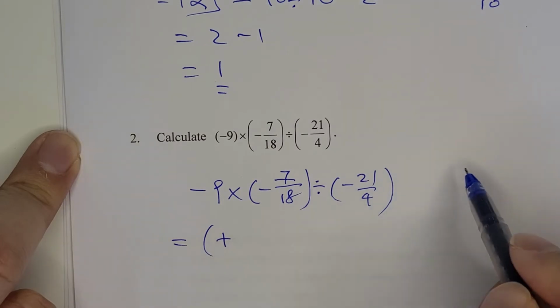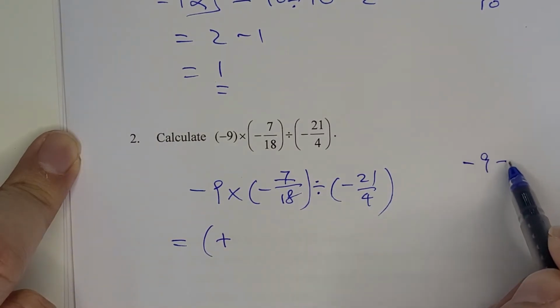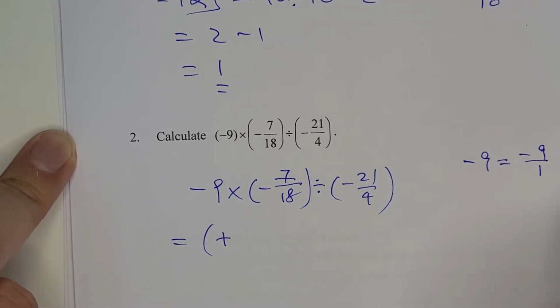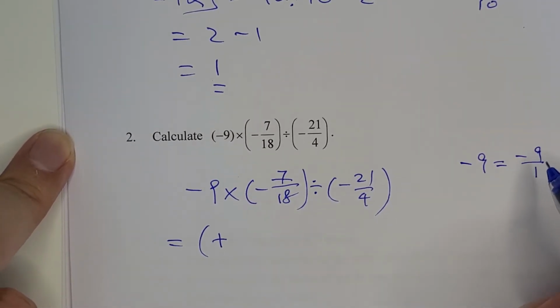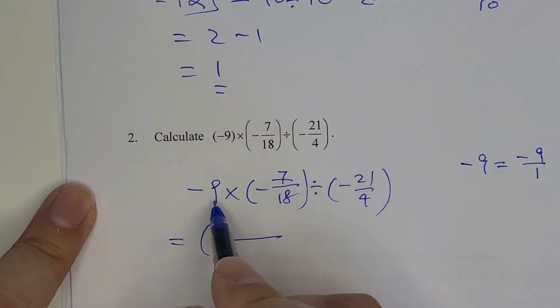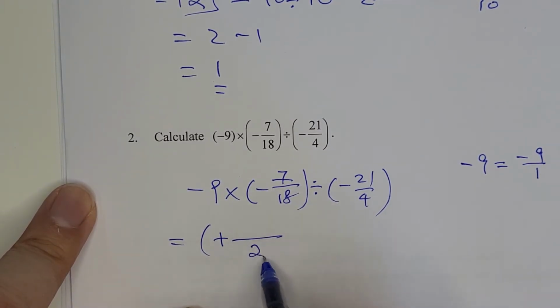Now 9 can be regarded as 9 over 1, so it is in the numerator actually, okay? Then 18 in the denominator. So you can cancel 9 and 18. There's 2 left in the denominator and keep 7 here.